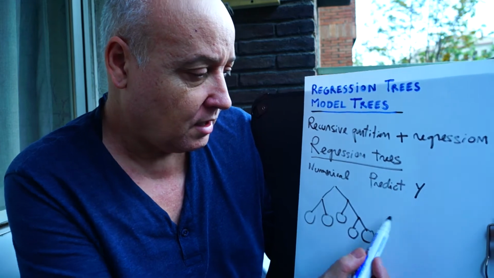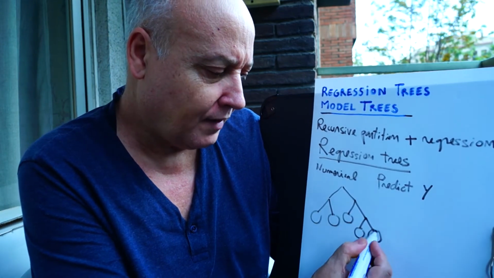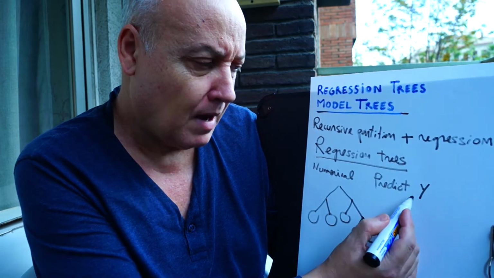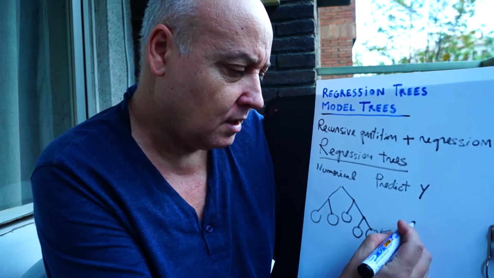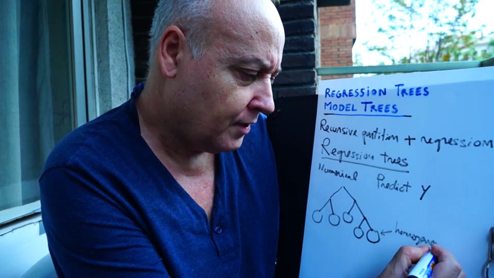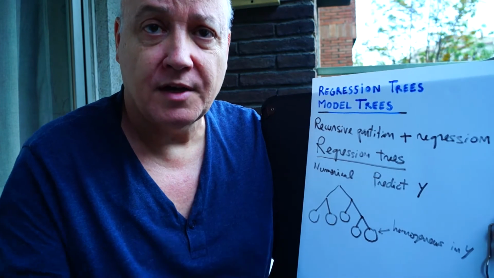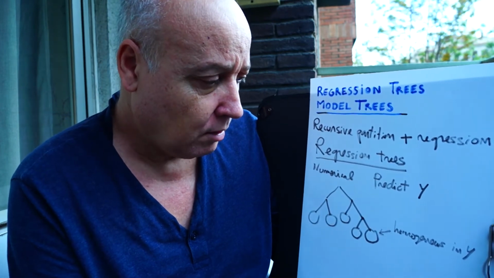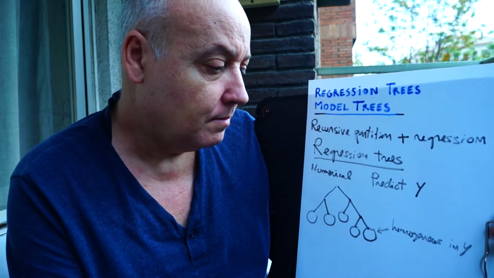If you do this in that case, what happens is that the data that you have here is given by different values of y. So what you want in that case is to be homogeneous in y. That means that you don't have a large variation in the numbers here, but all go around the same middle value.